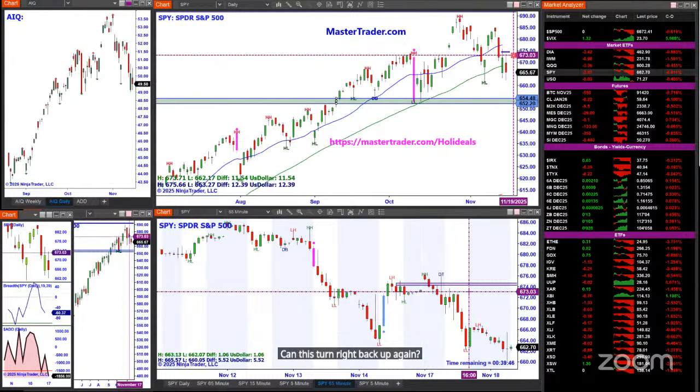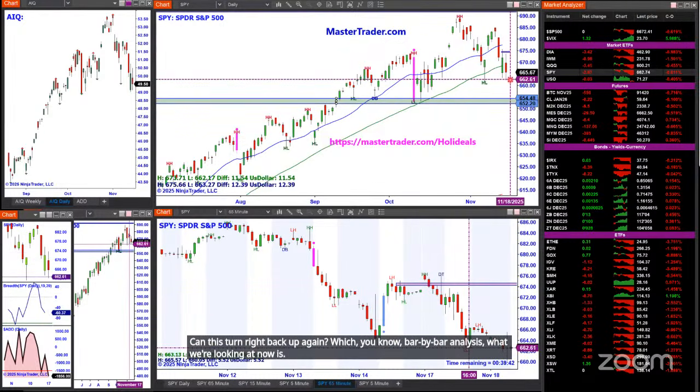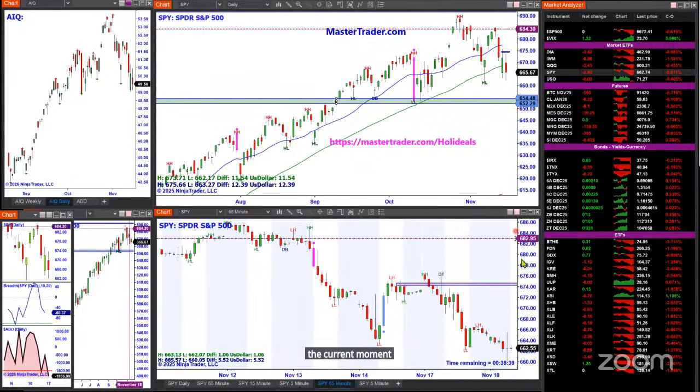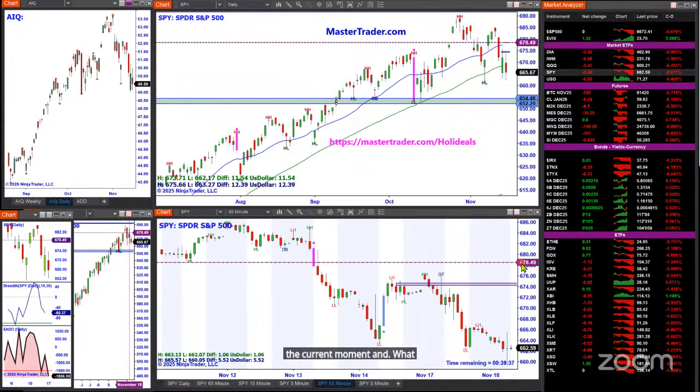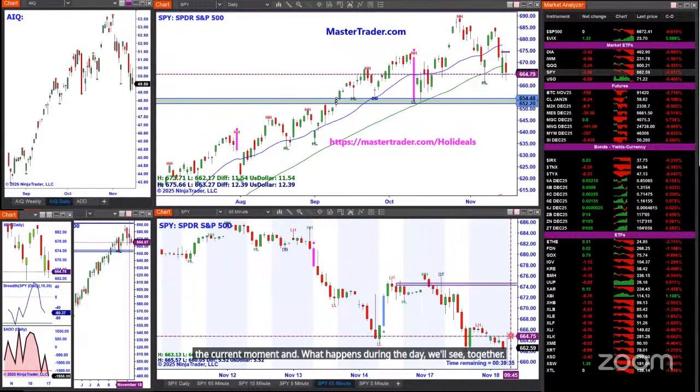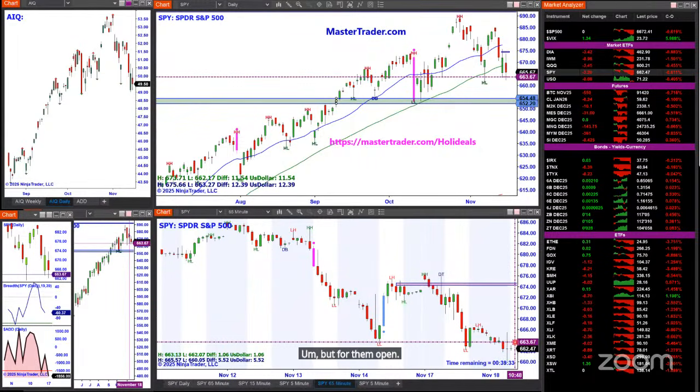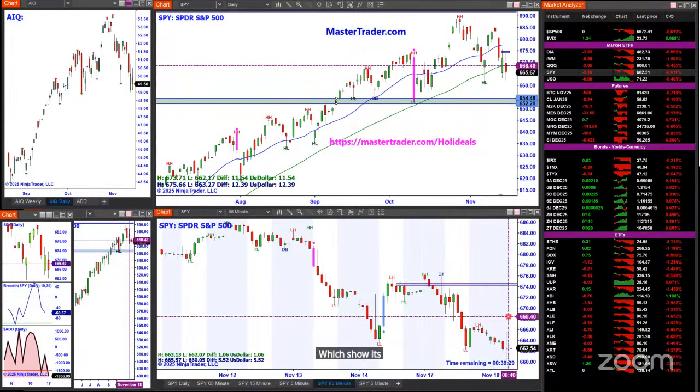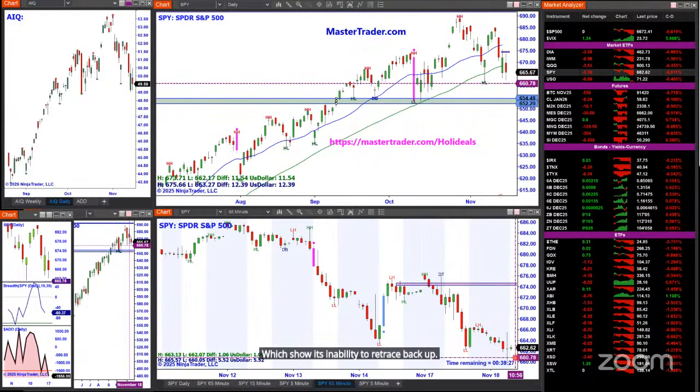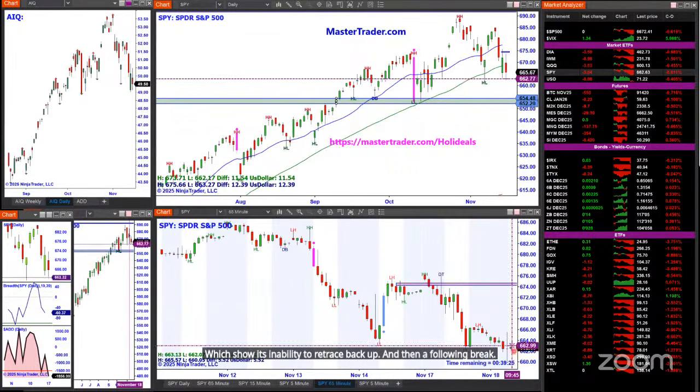Bar by bar analysis, what we're looking at now is the current moment, and what happens during the day, we'll see together. But for the open, going sideways down here would show its inability to retrace back up, and then a following break, we look to go lower.